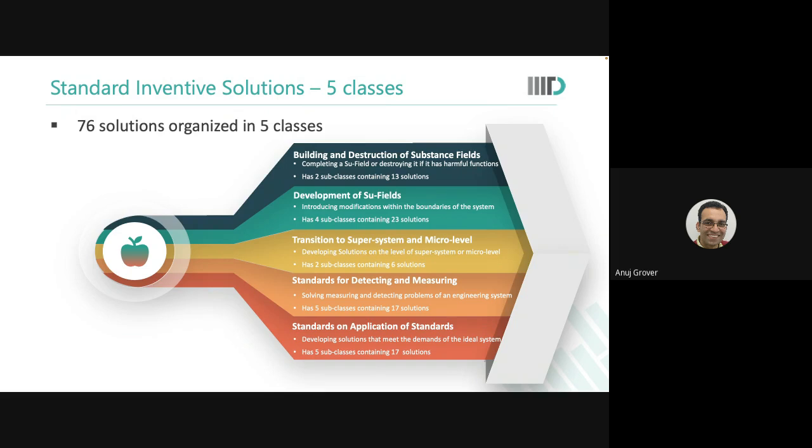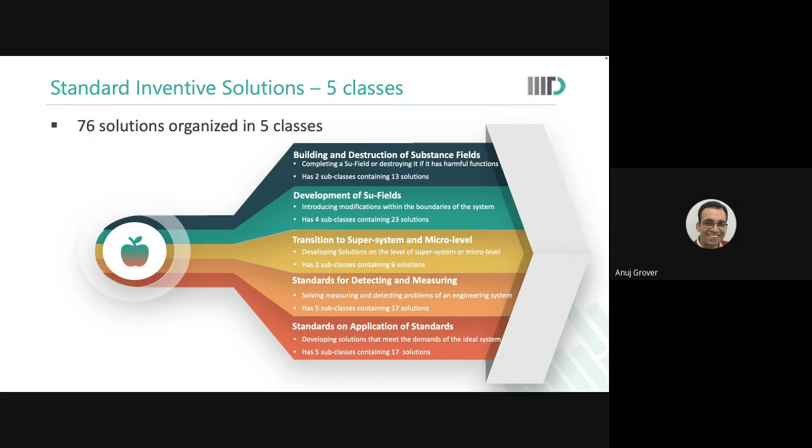A stable engineering system has at least two substances and at least one field. There can be more substances and more fields, but at least two substances and at least one field. Is this clear? When that is not happening, that is when the class 1 solutions come into the picture, because you need to create or complete the substance field.